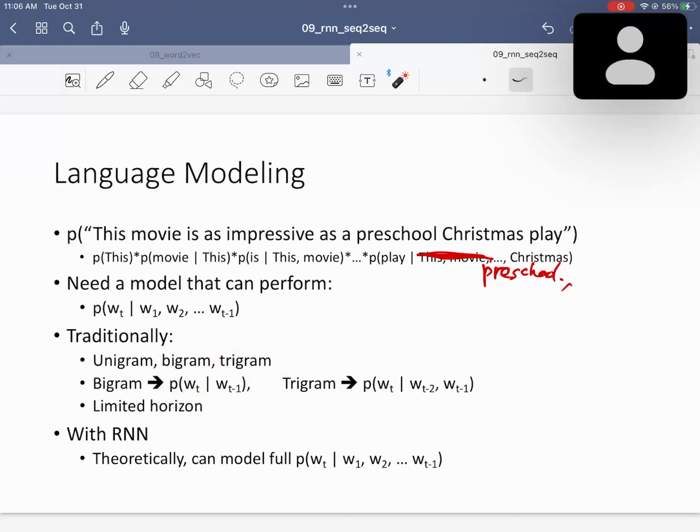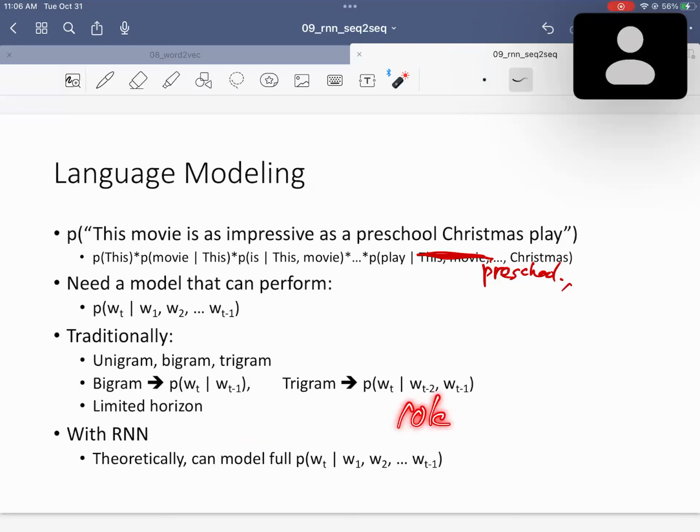It's a single probability. The number of probabilities that you need to learn is the square of your vocab size. If your vocab size is like 10,000, then you need to learn 10,000 times 10,000 probabilities because it's bigram. If you go to trigram, then it becomes even larger because now your probability depends on two preceding words.